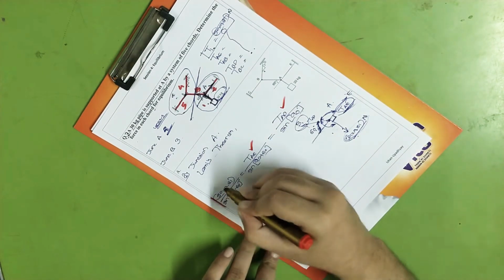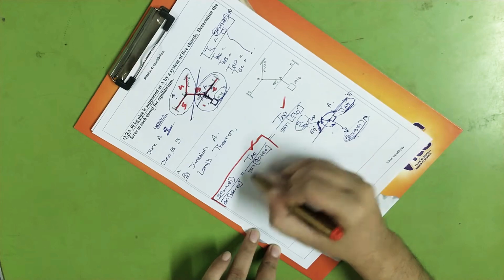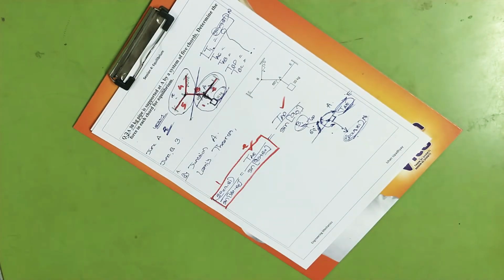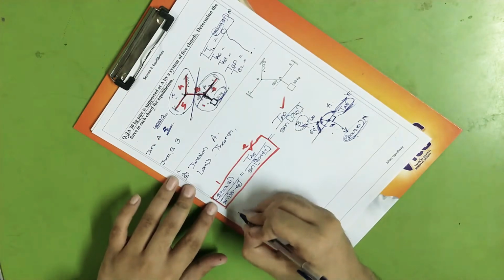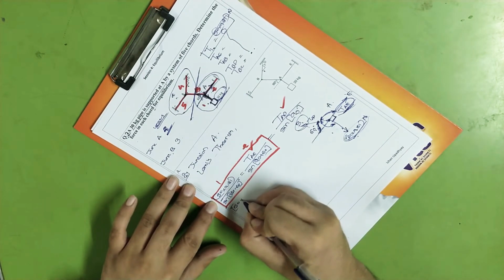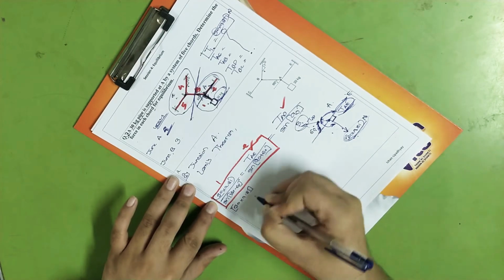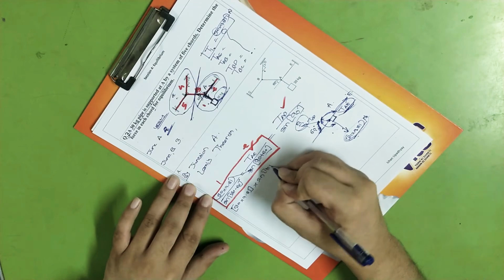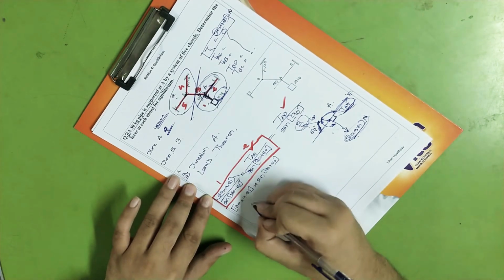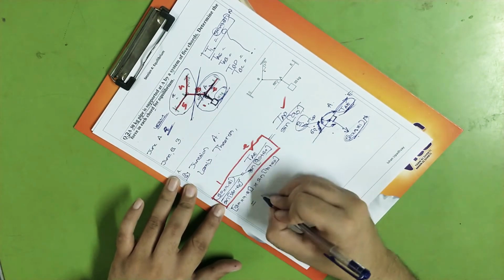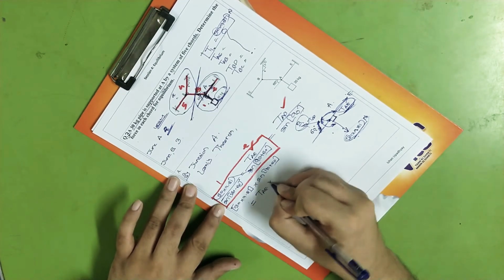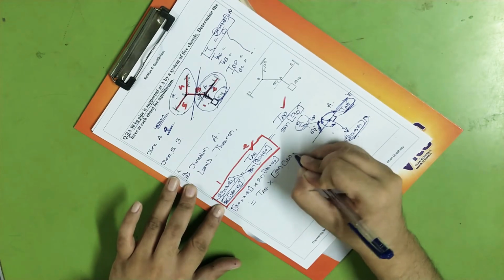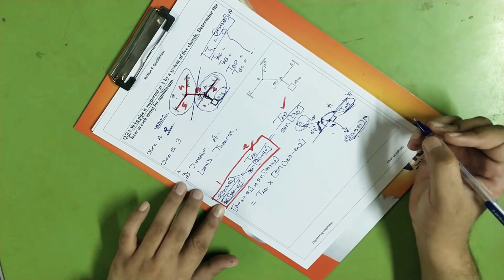Now if we take these two ratios, ratio number 1 and ratio number 2, and if we cross multiply, we will get 30 into 9.81 multiplied by sine of 90 plus 60 is equal to TAE into sine of 180 minus 60.